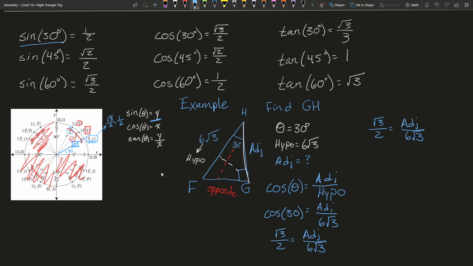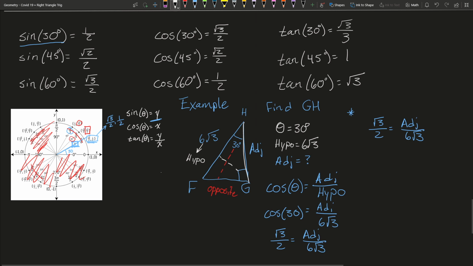So given this, now we have rad 3 over 2 is equal to the adjacent over 6 rad 3. Okay, so we are right here. And we need to solve for the adjacent side. Okay, so in order to do that, we need to get 6 rad 3 out of the denominator because we just want to get adjacent by itself.